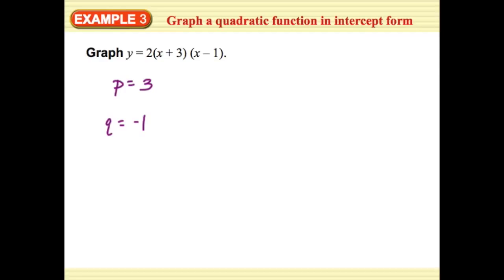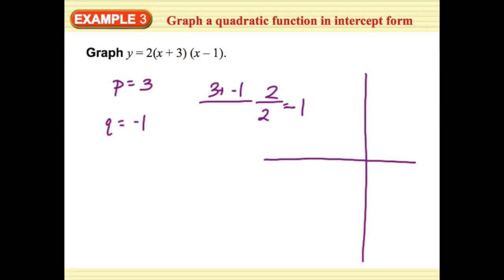So in this particular case, halfway between them, -3 plus 1 is -2, over 2 equals -1. So at a -1 value on my graph, that's where I'm going to see my axis of symmetry.